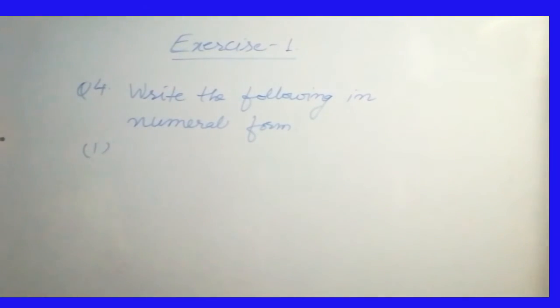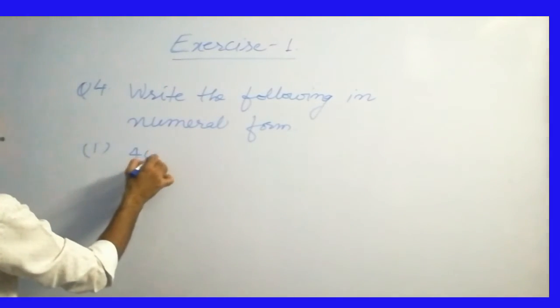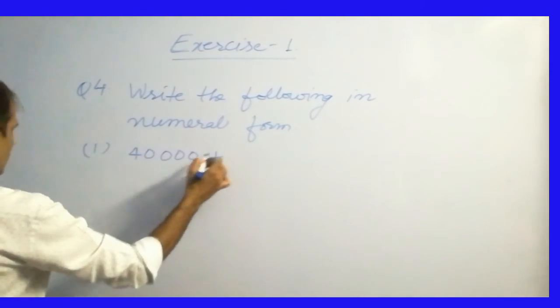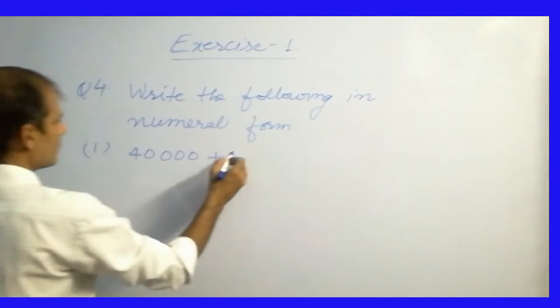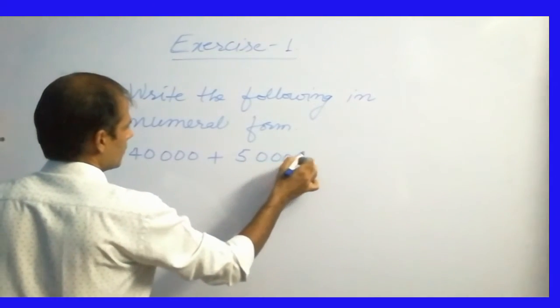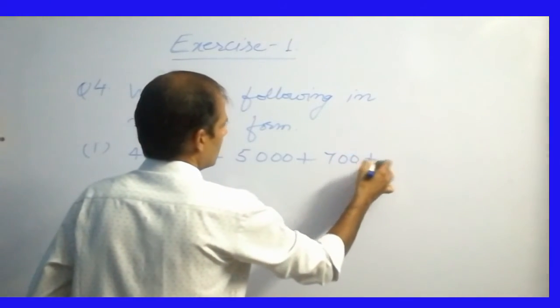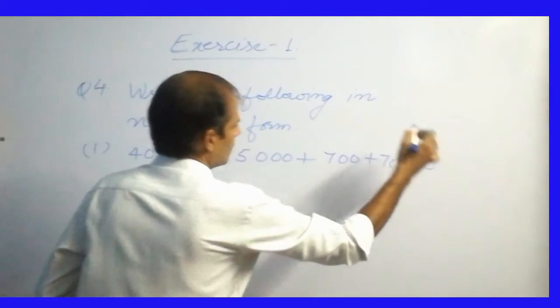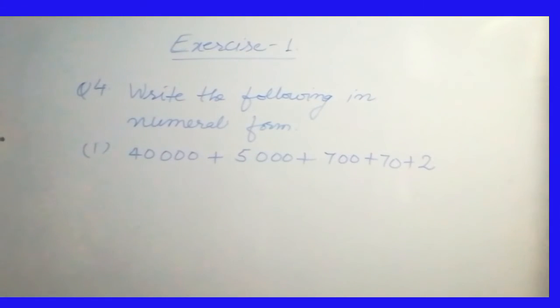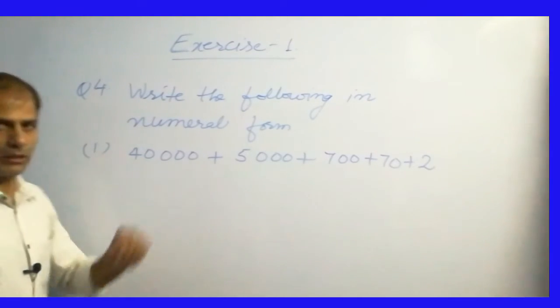I am going to solve first part. It is 40,000 plus 5,000 plus 700 plus 70 plus 2. All right. Students, this is the number.